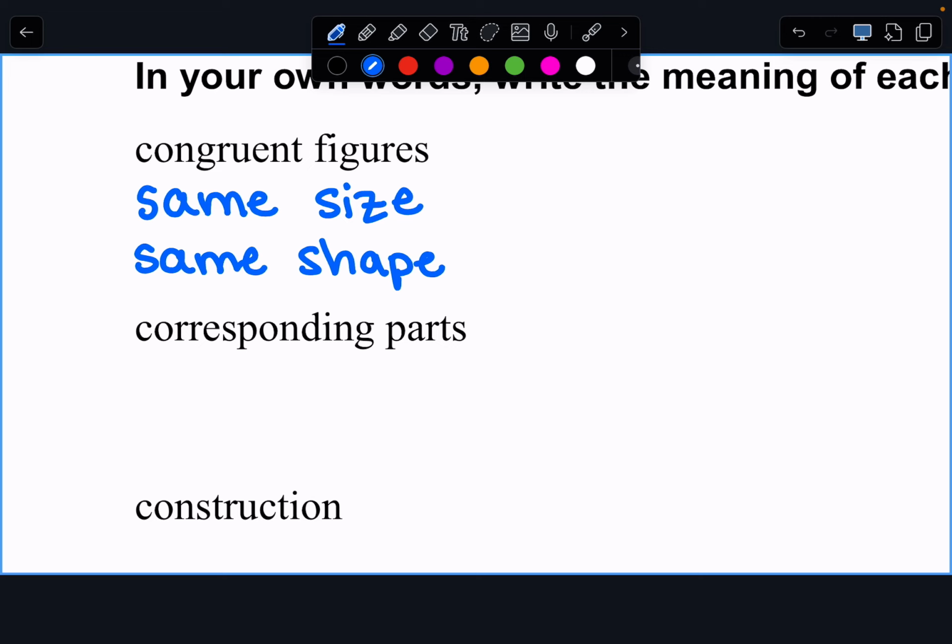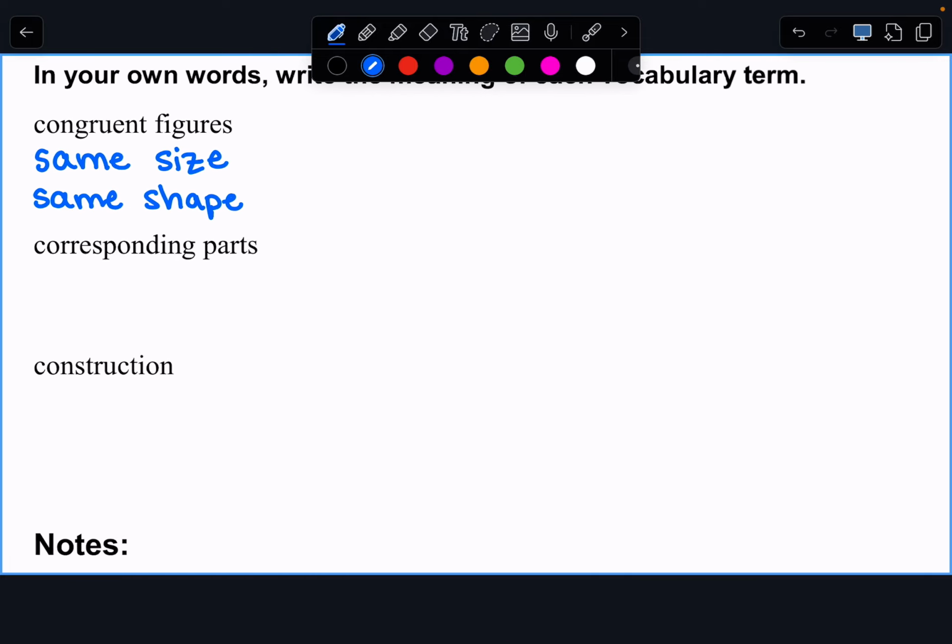Yes. So we are basically going to take our proof of a triangle that's congruent and add one more step to it.